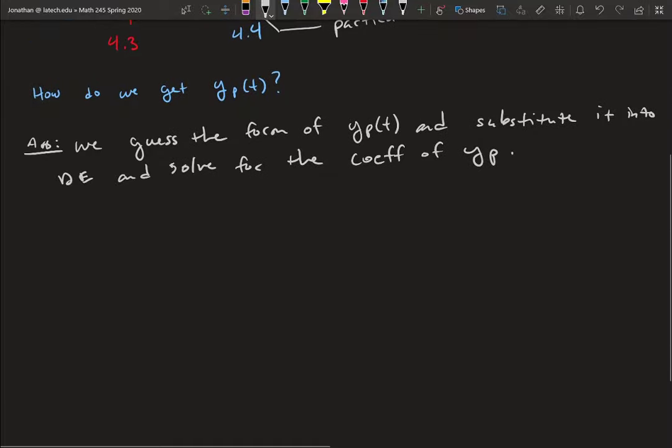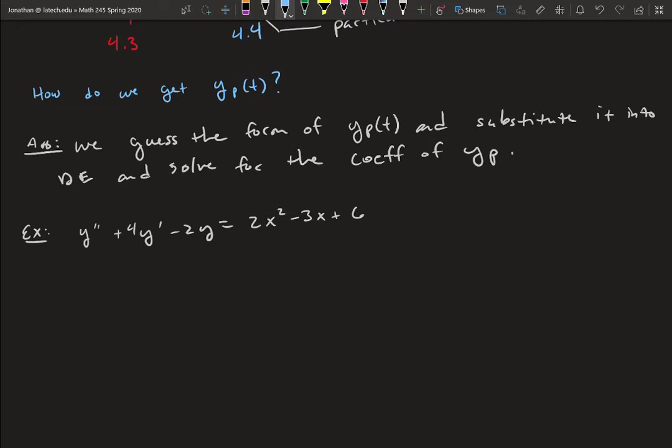For example, let's say we have y double prime plus 4y prime minus 2y equals 2x squared minus 3x plus 6. So the solution would be always first find y sub h of t, the homogeneous solution.